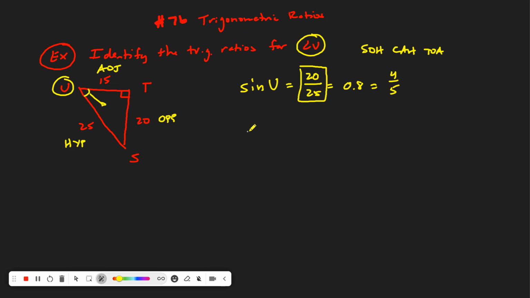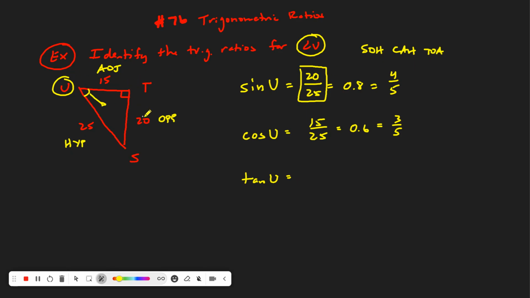Okay, cosine of U. Cosine is adjacent over hypotenuse. The adjacent is 15. The hypotenuse is 25. Again, type that in the calculator. You'll get a decimal of 0.6. If you press the fraction button, you'll get 3/5. And then last but not least is the tangent of U. So tangent is opposite over adjacent.